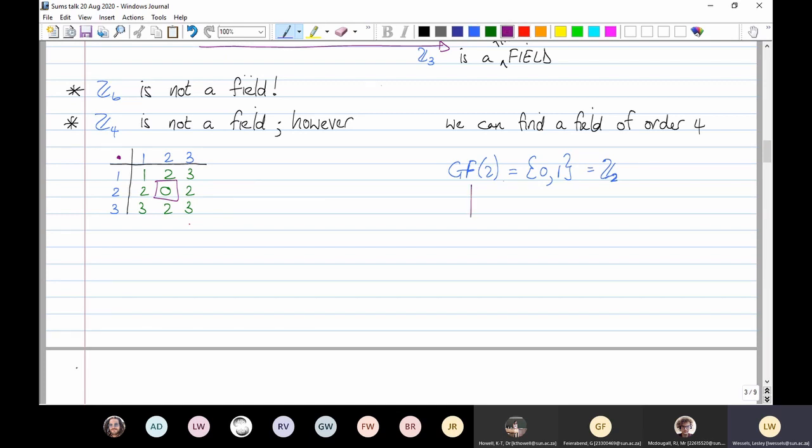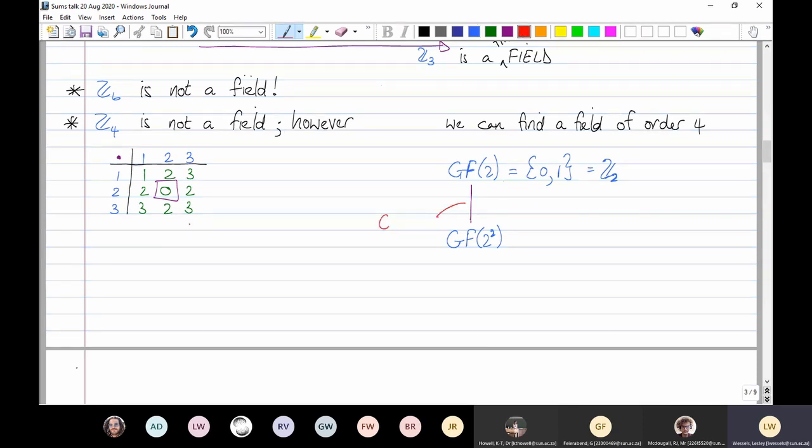And we can define an extension on this particular field, because we know that GF2 is definitely going to be a field, which is 2 to the power 2, which is 4. And you can actually set up a table and elements where the only constants are going to be 0 and 1, where GF4 will then be a field. But like I said, I'm not going to go into detail here.